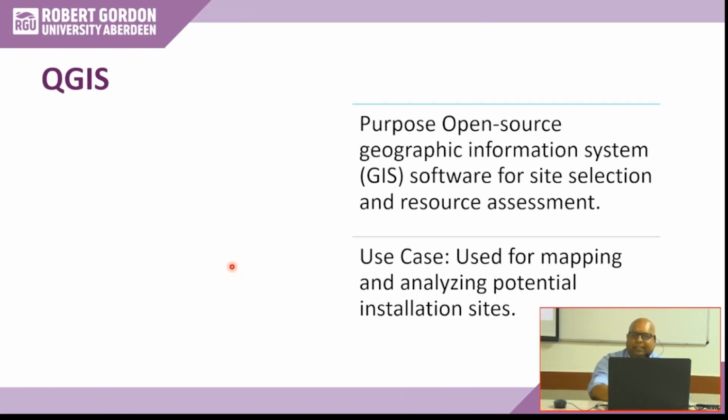Similar to that, QGIS is a software. You load the map of India first, suppose, and then you put where are the rivers. Then in the river, you put the velocity of the river. You put another layer. Then finally you can say where is the velocity range of 1 to 3 meters per second. So these are the locations.